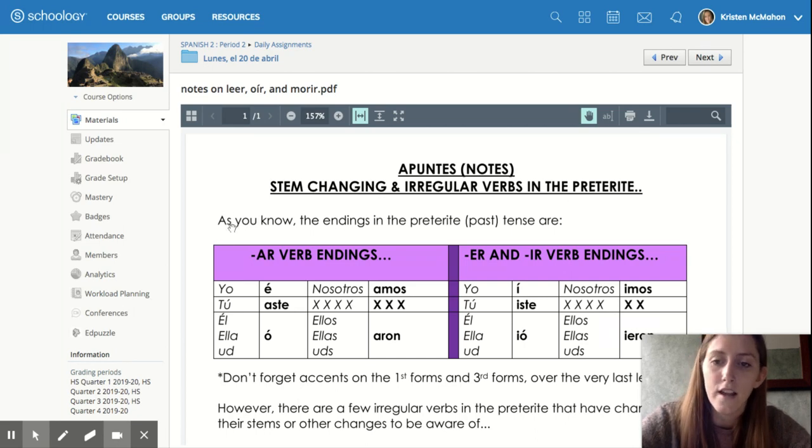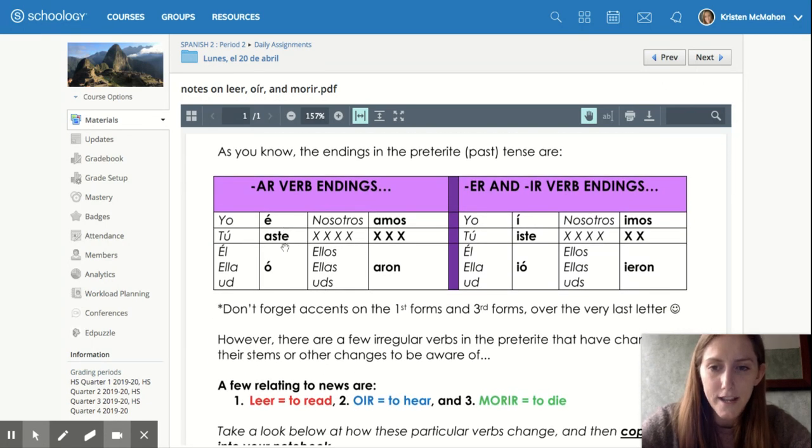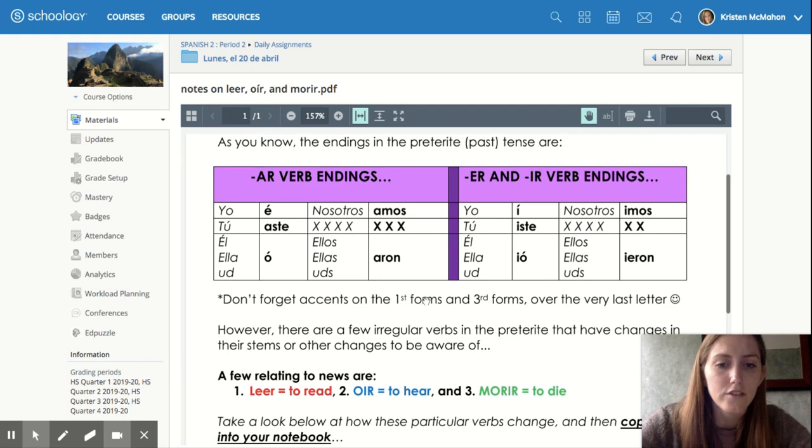It says, as you know, the endings in the preterite, the past tense, are, for the AR verbs, aste, ó, amos, aron, and then the ER-IR verbs, iste, ió, imos, and ieron. It says, don't forget the accents in the first and third forms over the very last letters.